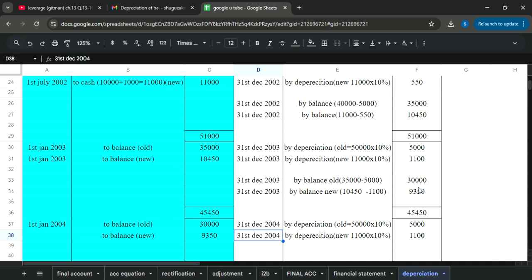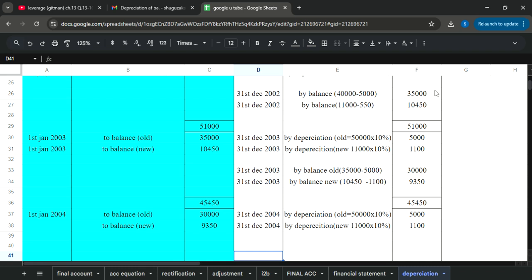So depreciation is charged. Have you noticed? Depreciation has not been altered. 5,000, 5,000, 1,100, 1,100. The same depreciation will go because I am continuously repeating this fact as we are following the fixed base method. Now it's time to write down our balance.